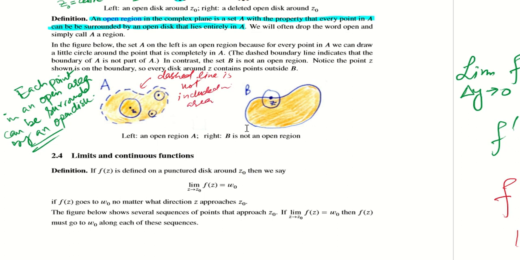Whatever point we take inside this area, a couple of points here and one point here, we can form a small disk around it. We can find a small disk here, here, and here. So this is a good example of an open area.